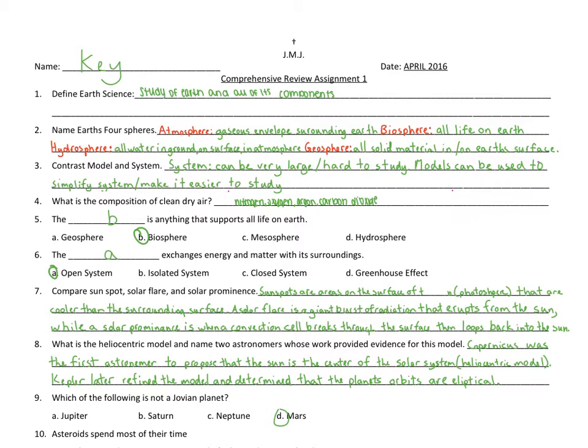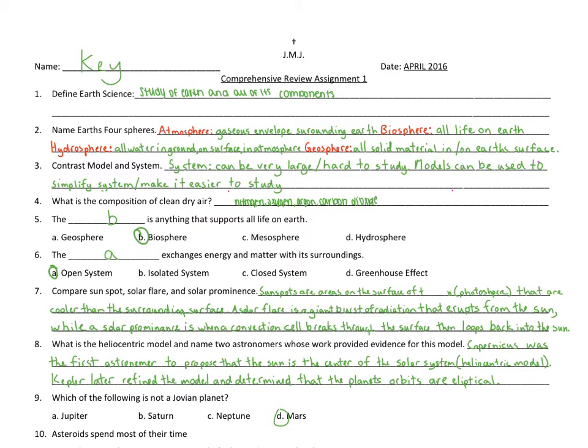What is the heliocentric model? And name 2 astronomers whose work provided evidence for this model. So the heliocentric model said that the sun, Helios, the sun god, so the Helios or heliocentric model, the sun is at the center of the universe, and this was first proposed by Copernicus.